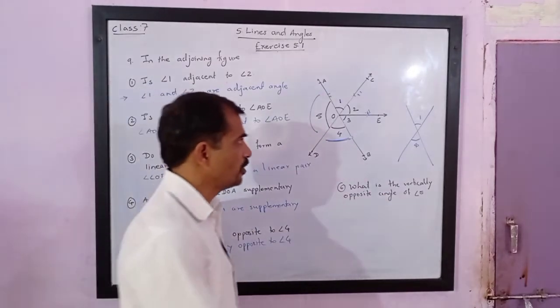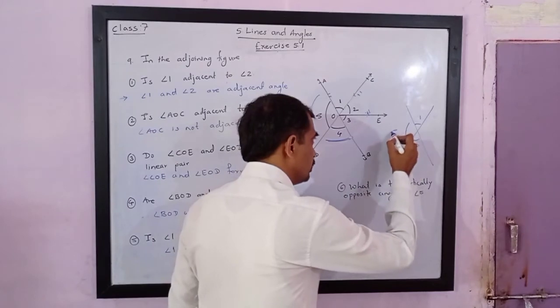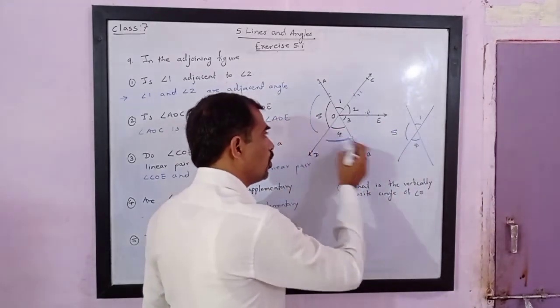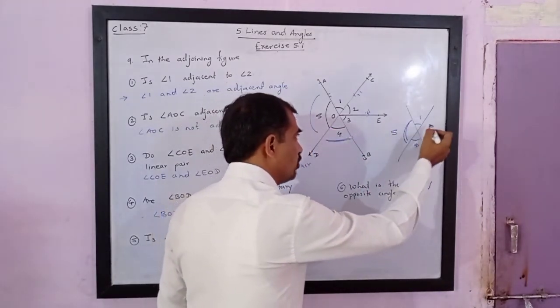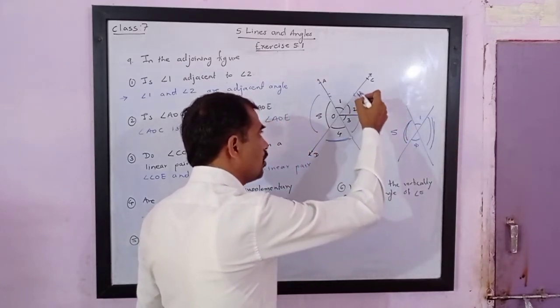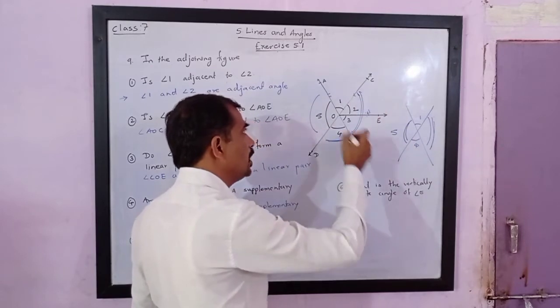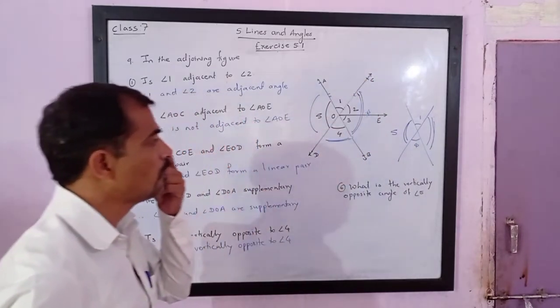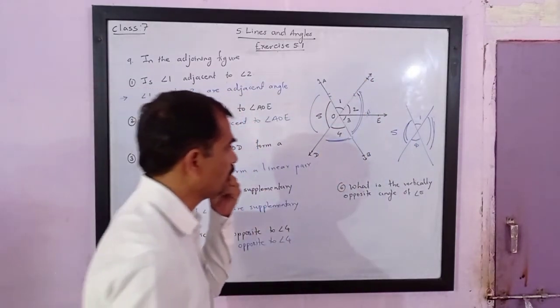Then the last question is, what is the vertically opposite angle of angle 5? For angle 5, this is angle 5. Now for angle 5, this total angle is vertically opposite. The total angle is angle BOC.